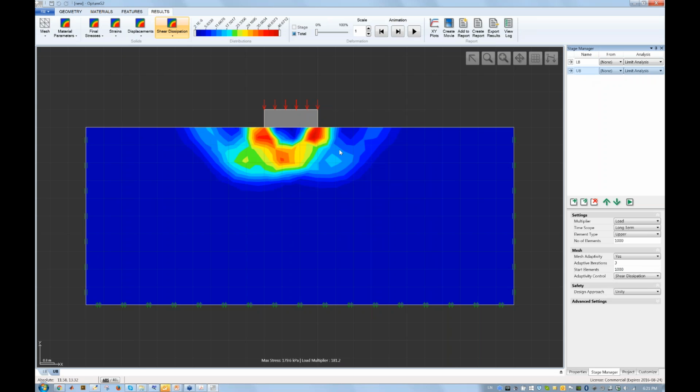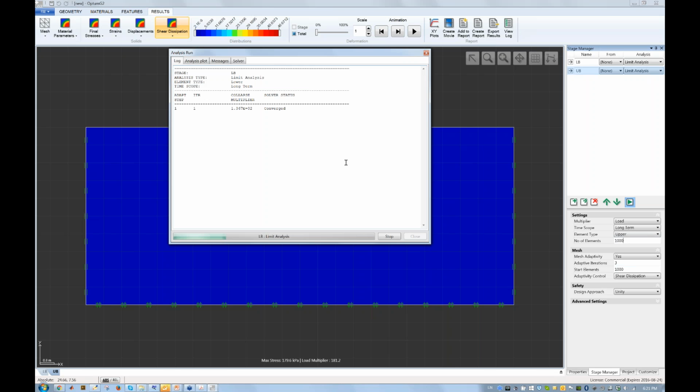So in this case, it's in the colored area here where you have plastic straining, and then you coarsen the mesh where nothing is going on, say far away from the foundation. You do this once, then you get a new solution, and you do it a third time. That's the third iteration. So here we start with 1000 elements, and we end up with 1000 elements. So basically, in the course of 3 iterations, we are shuffling 1000 elements around to have the best possible solution.